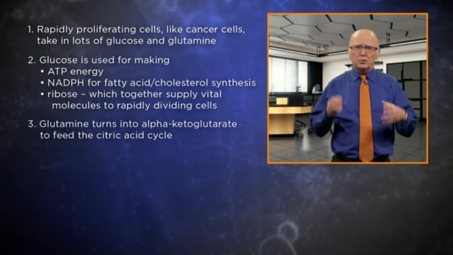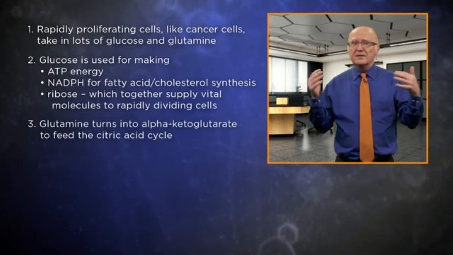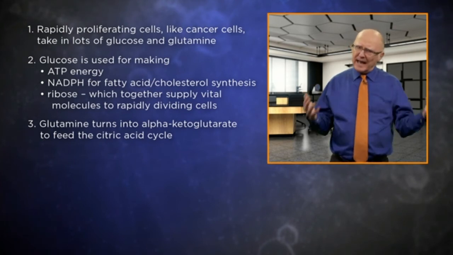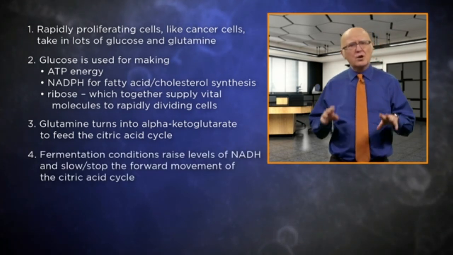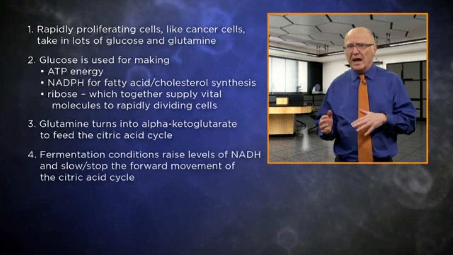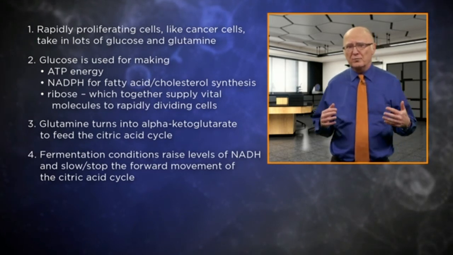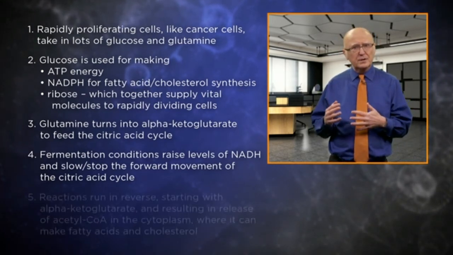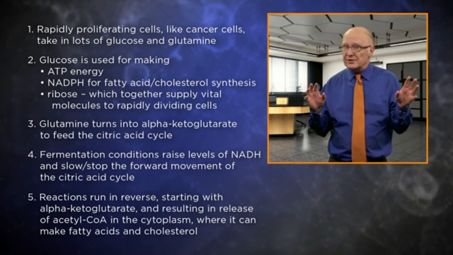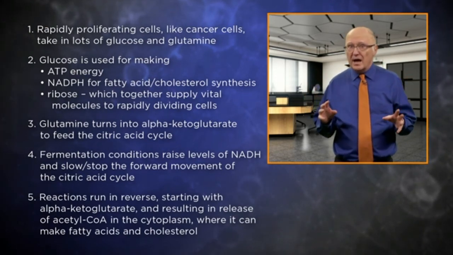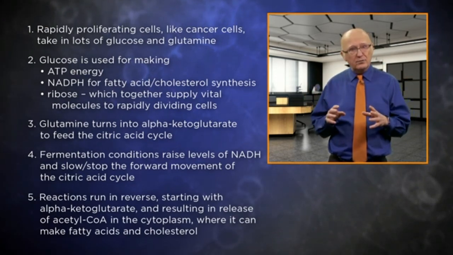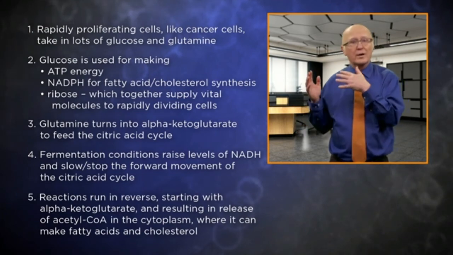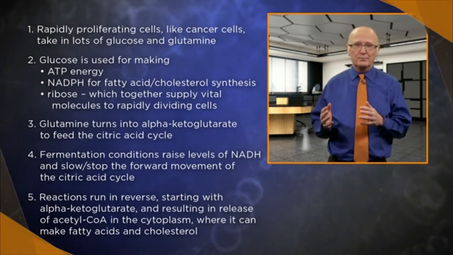Glutamine turns into alpha-ketoglutarate to feed the citric acid cycle. And last, fermentation conditions raise levels of NADH and slow or stop the forward movement of the citric acid cycle. So reactions run in reverse, starting with alpha-ketoglutarate and resulting in the release of acetyl-CoA in the cytoplasm, where it can make fatty acids and cholesterol.